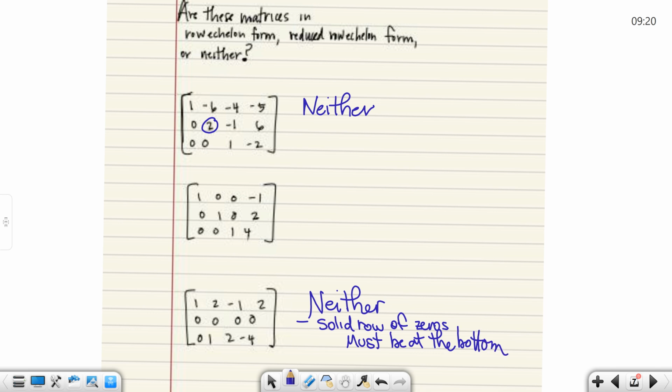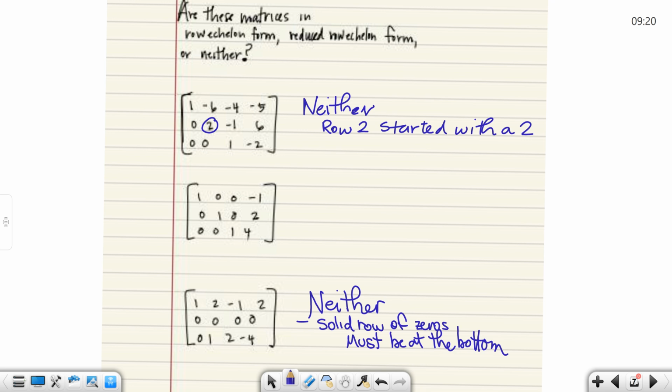So that's why that one is not in row echelon form. Now let's look back at the one that says neither at the top. The reason this one was not is that row 2 started with a 2. And that violates row echelon form.